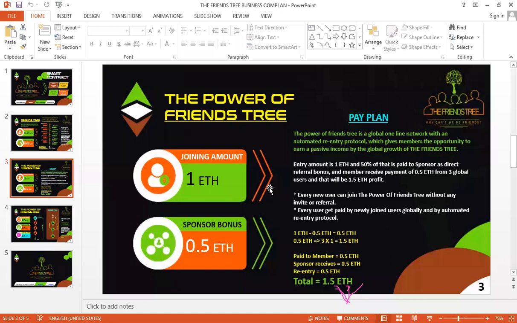Another exciting program on the French Tree network is the Power of French Tree, where you go in with 1 Ethereum, and half of that will be paid to your sponsor, as we can see stated over here. So the sponsor will continue to receive the 0.5 Ethereum whenever their downline cycles out from the program.